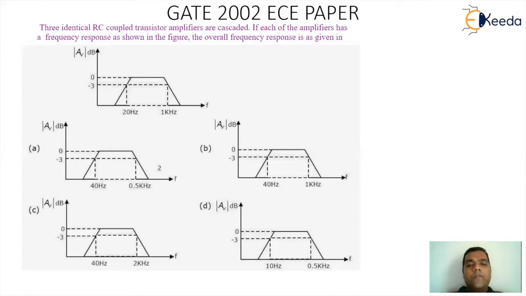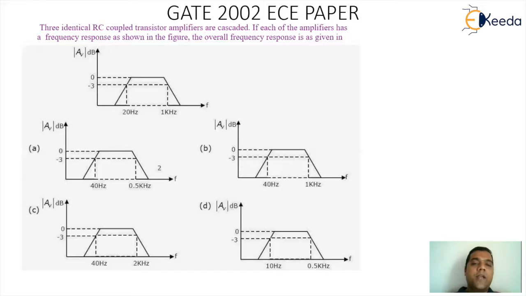Whenever we talk about cascading of amplifiers, the cascade will always give you a rise in gain, and it will also result in a fall of bandwidth. So obviously, when you see the higher cutoff of the single stage as 1 kilohertz, in the multi-stage the frequency response will have a cutoff which will be less than 1 kilohertz.